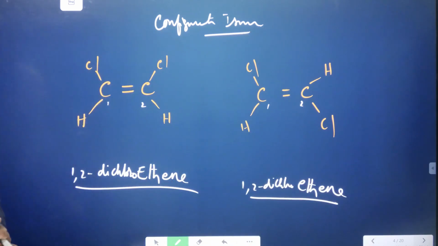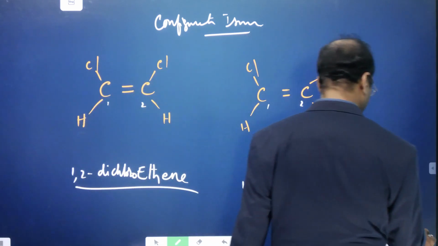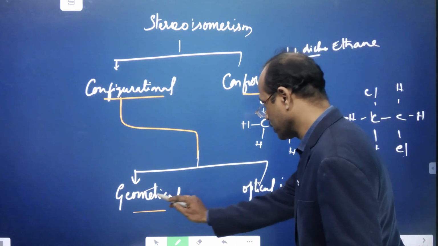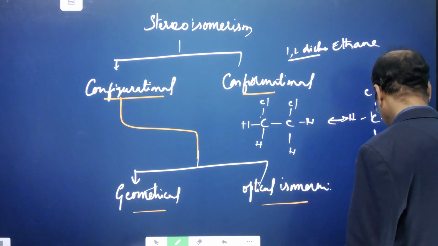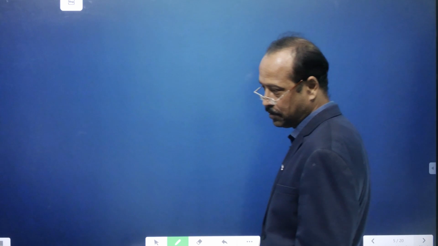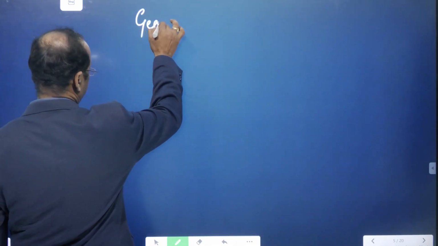After configurational isomers, there are again two types. Configurational isomers are of two types: geometrical isomerism and optical isomerism. So first we see geometrical isomerism.